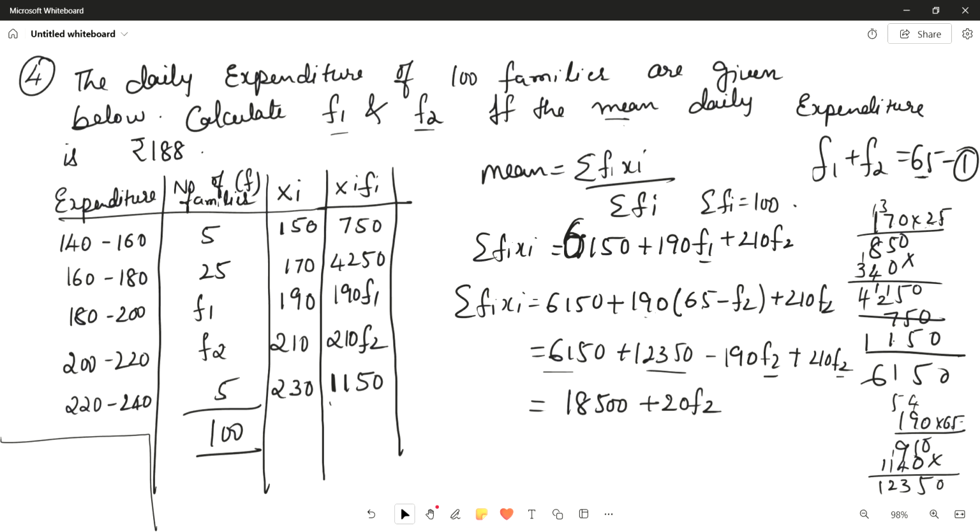Even in the periodic test now, similar to this type, they can give mean. With the median also they will give sometimes. We'll do that also once.